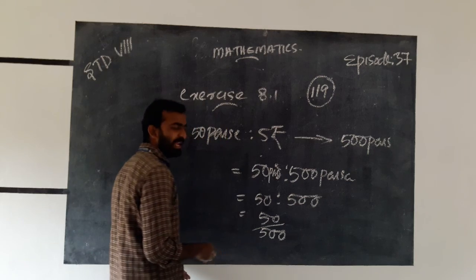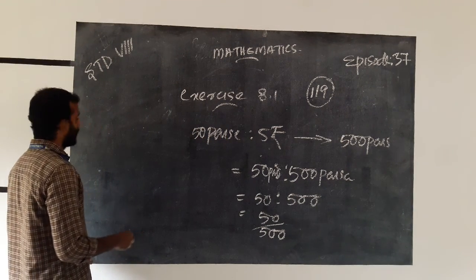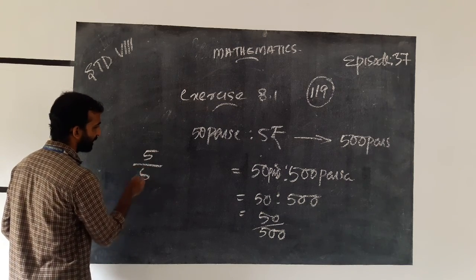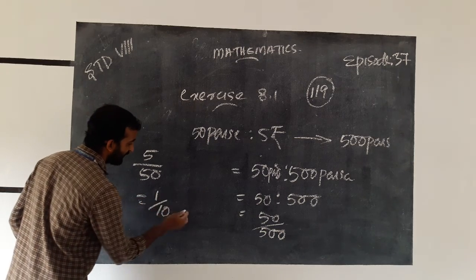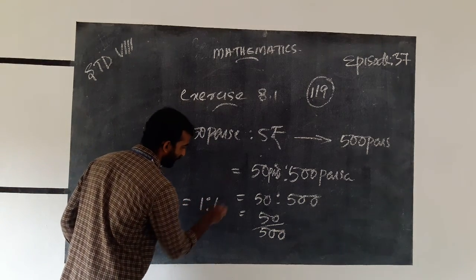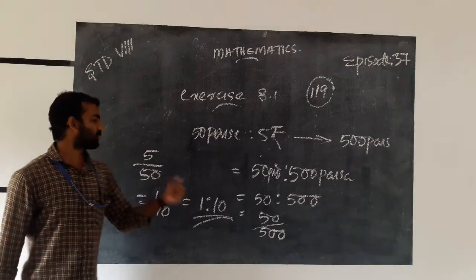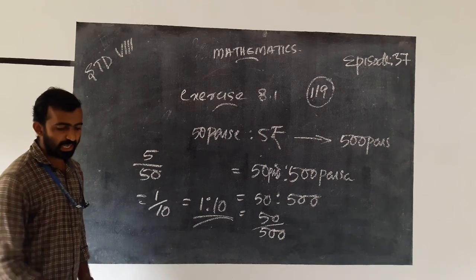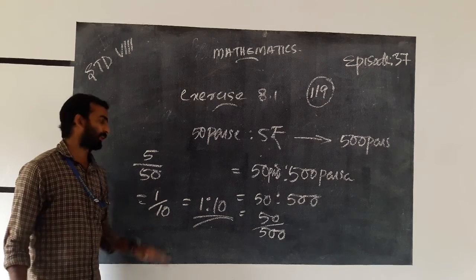When we simplify this, what do we get? We get 5 by 50 and then 1 by 10. That is equal to 1 is to 10. The ratio is 1 is to 10. Is it clear? Any doubt? Okay, good.